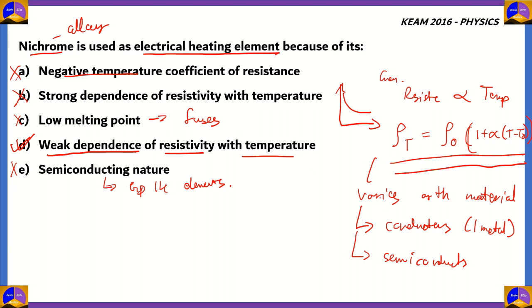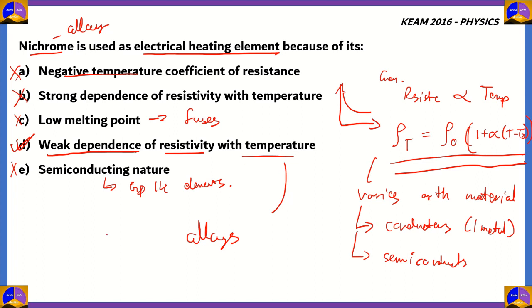This is the third type of material behavior to temperature. So materials such as alloys, like nichrome, constantan, etc., they have a weak dependence of resistivity with respect to temperature.